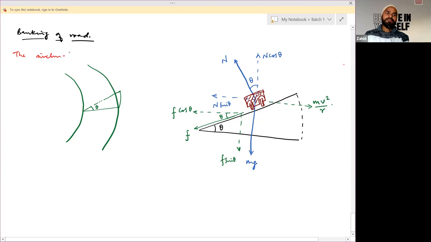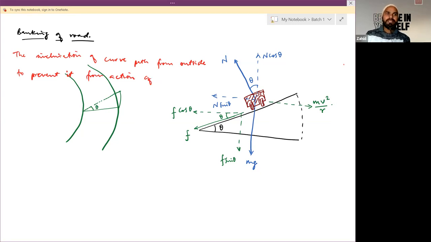The inclination of the curved path from outside to prevent it from the action of, or to overcome, the necessary centrifugal force acting on the body.